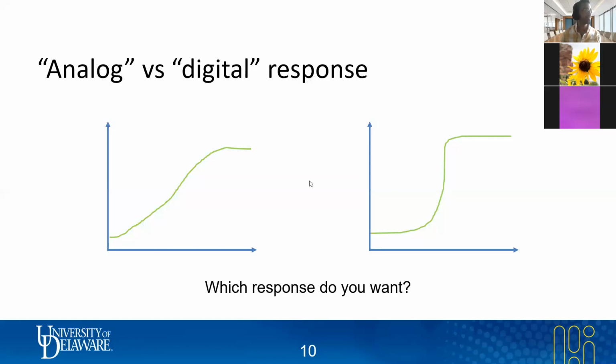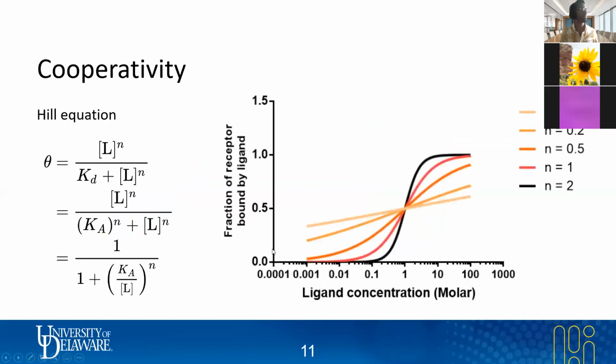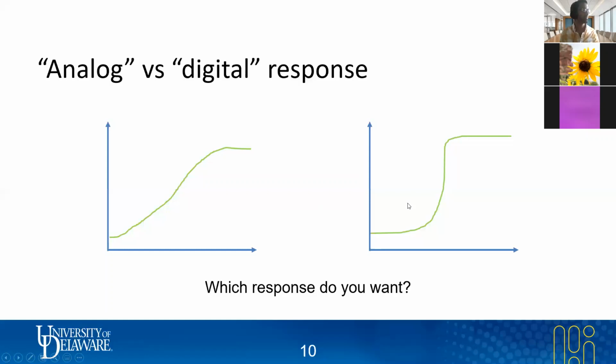Cool. Yeah, so that's right. That's right on what's analog versus digital, as well as at least one reason why you might want one or the other, and the more general answer of context dependent. You can think of other reasons why you might want one or the other. So good job there. So let's talk about what actually controls the shape.